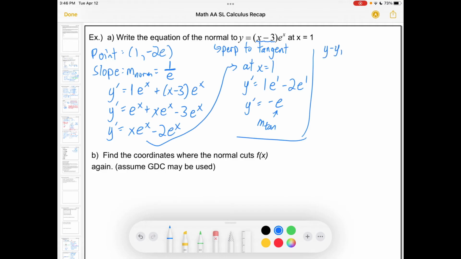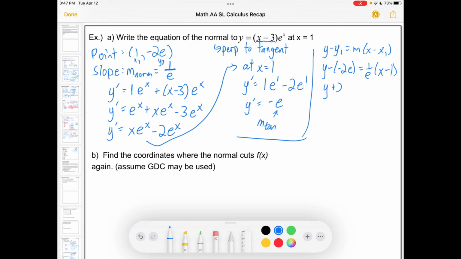Now we are able to use the point slope formula to find the equation of this line. Okay? So y minus negative 2e equals m, which is 1 over e, x minus 1. So this would be our x1 and our y1 over here.